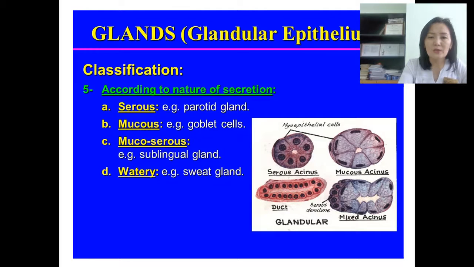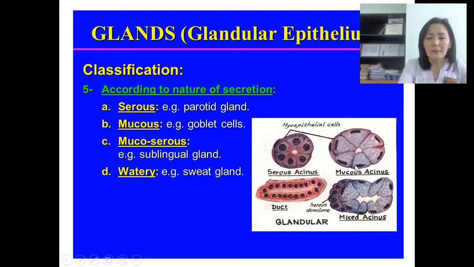According to the nature of secretion, exocrine glands can be serous glands, like parotid glands. The secretory portion of serous glands consists of serous cells. Mucous gland, example: goblet cells are mucous.